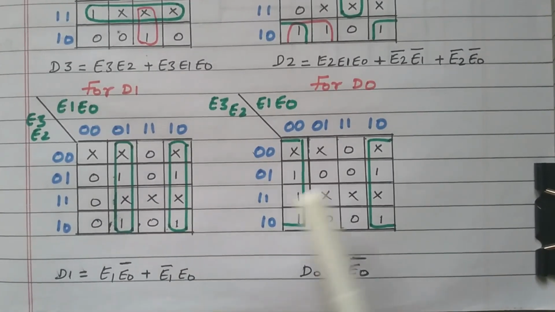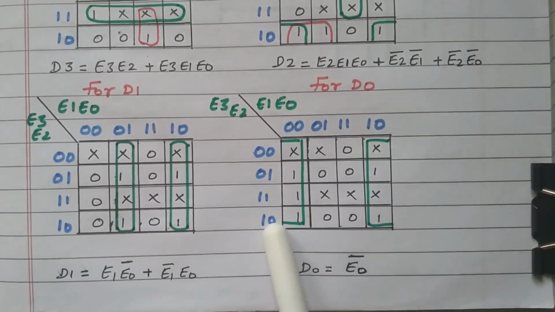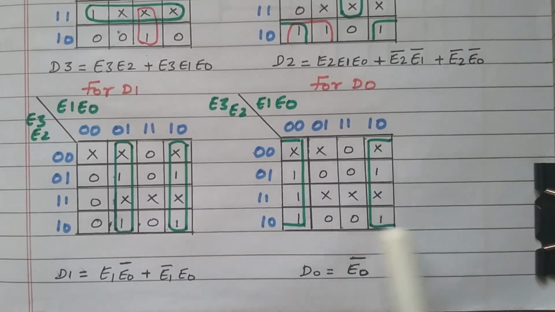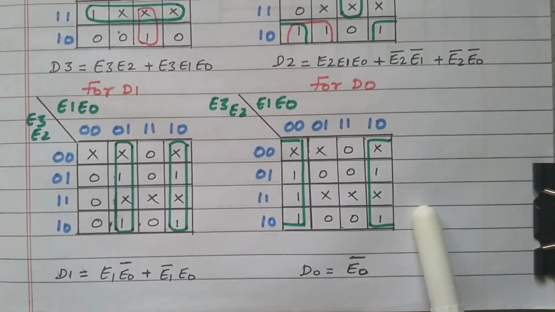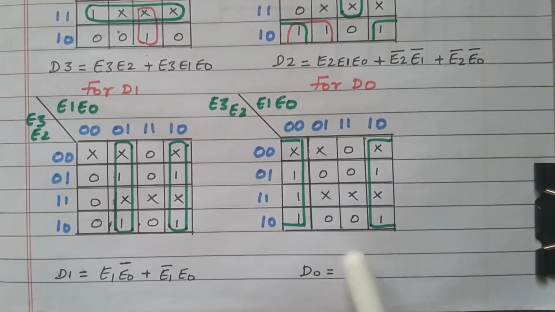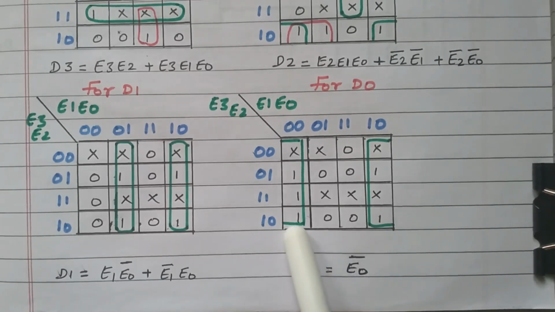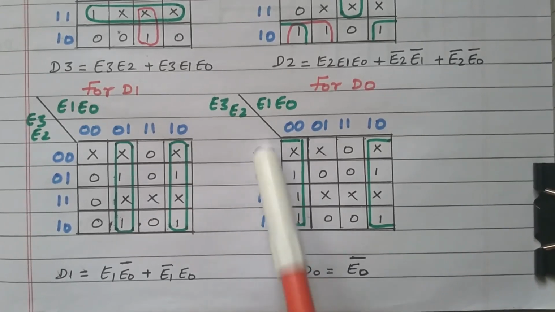Okay. Now we'll go to D0. D0 has 5 ones, 1 2 3 4 5, marked together. These 6 are don't care conditions. So here we are grouping 8 cells, these 4 and these 4, the rightmost and leftmost columns, right? So grouping of 8 cells. While grouping 8 cells we will get the minimized function. So we have to refer the corresponding rows, all are cancelled.